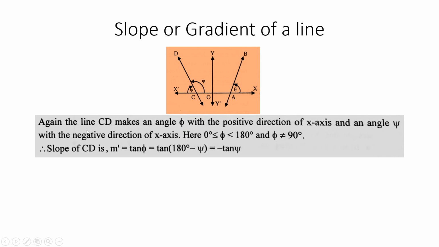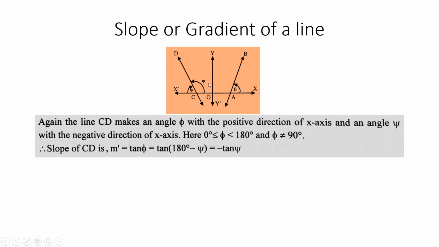Again, the line CD makes an angle phi with the positive direction of the x-axis and an angle psi with the negative direction of the x-axis.